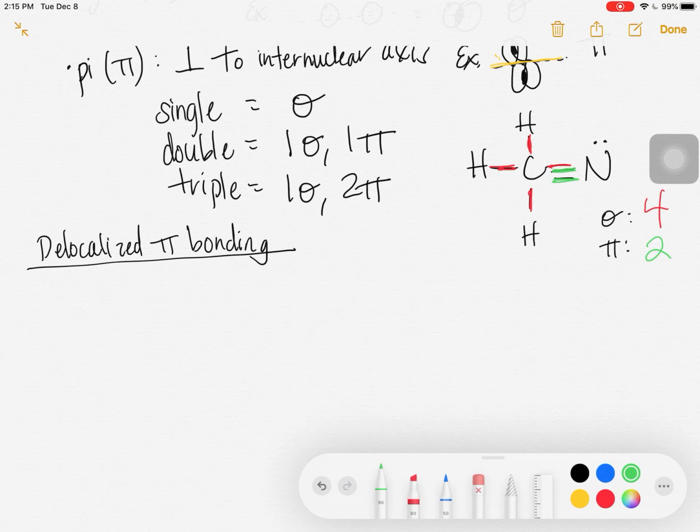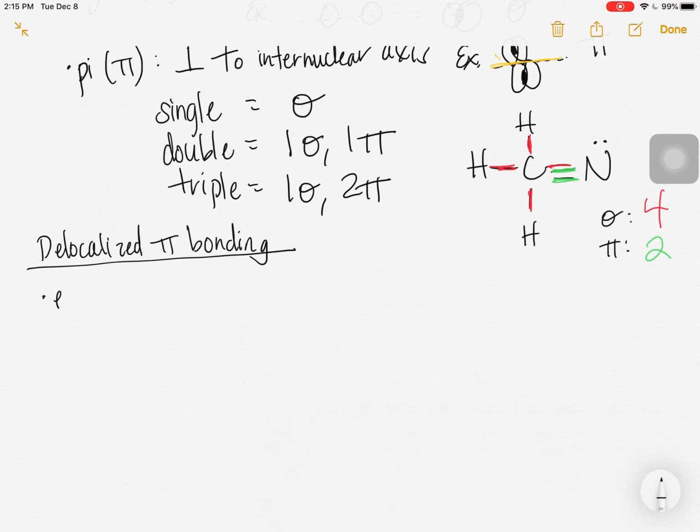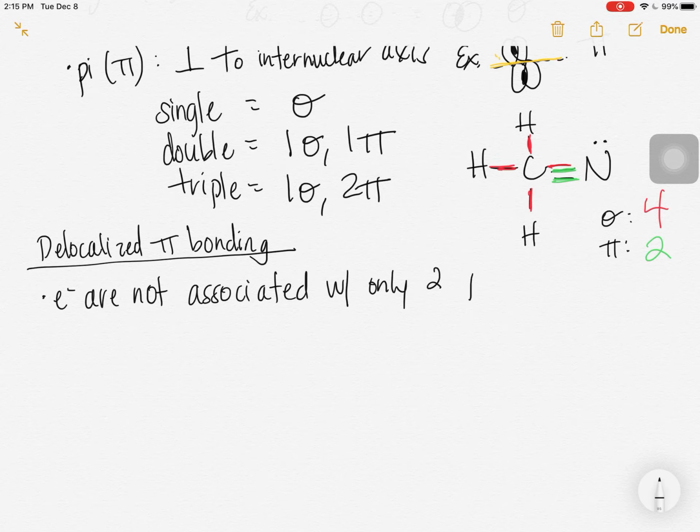And then the very last thing we learned was this idea of delocalized pi bonding, which basically just means that the electrons are not associated with only 2 specific atoms. And this is due to resonance.